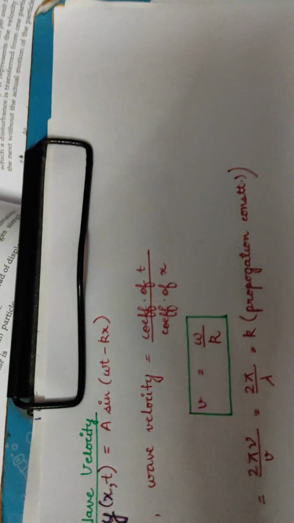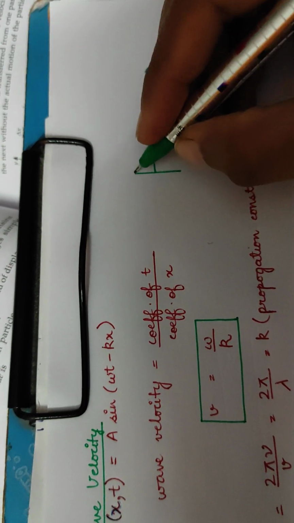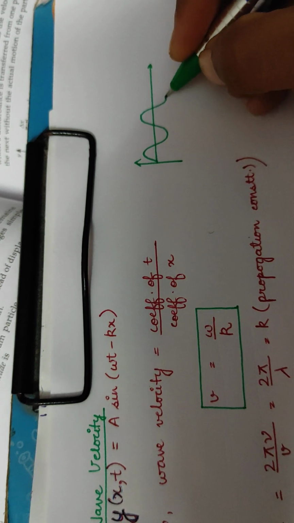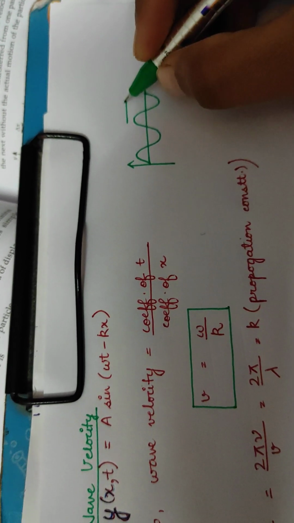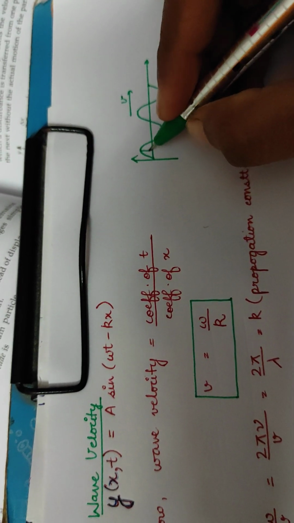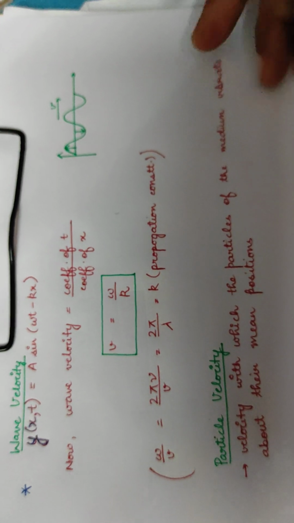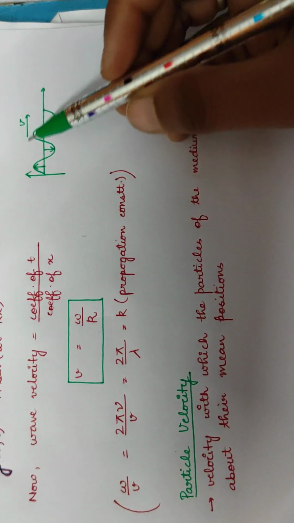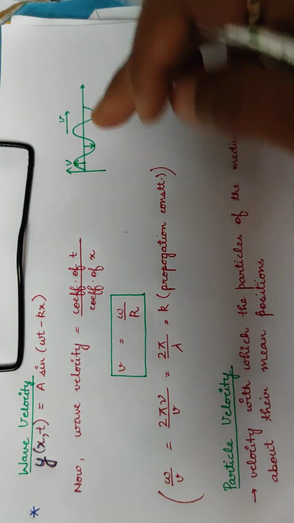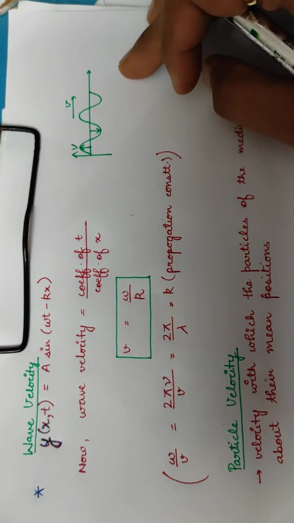Wave velocity is the velocity with which a wave travels or propagates in the medium. So this will give you wave velocity. But particle velocity is the velocity with which the particle vibrates about its mean position. So there are two types of velocity in waves, wave velocity and particle velocity.